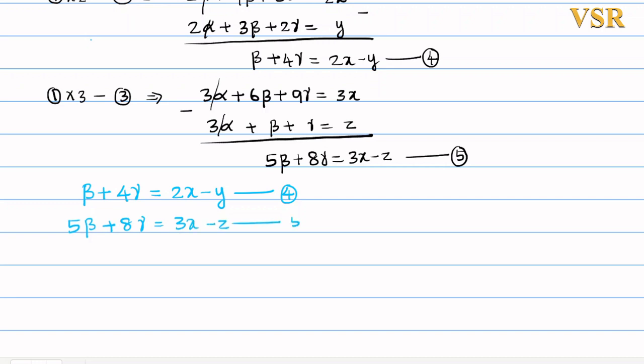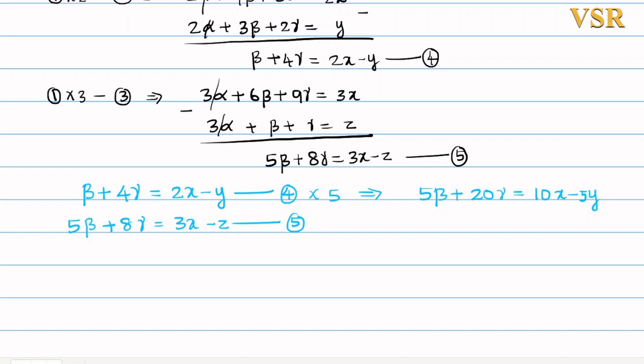Now multiply the fourth equation by 5. This gives 5 beta plus 25 gamma equals 10x minus 5y.